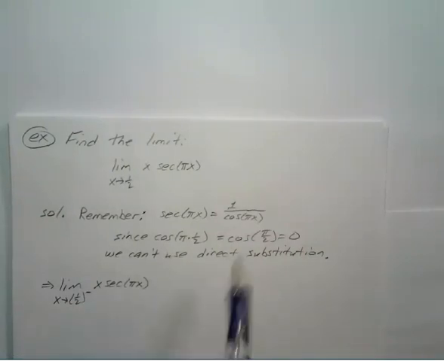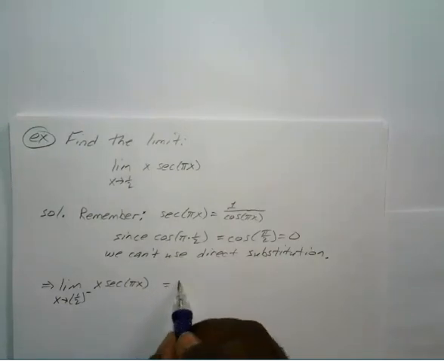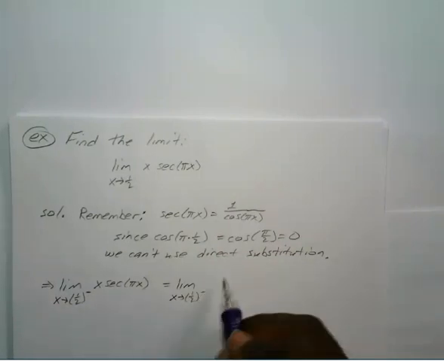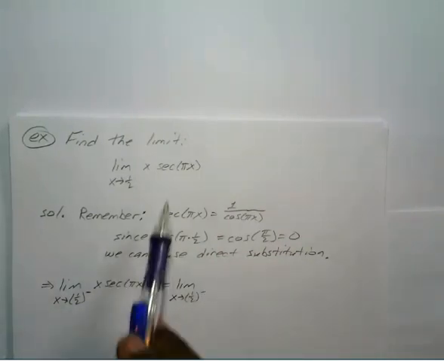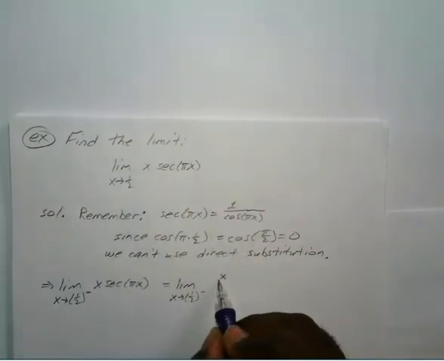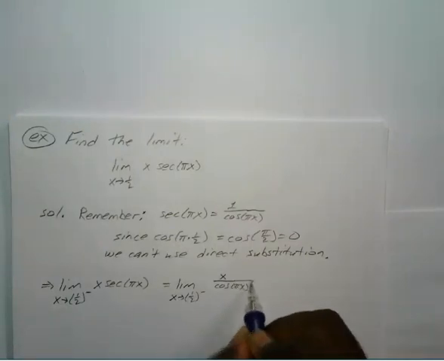Remember, secant pi x is 1 over cosine pi x, so this is equal to the limit as x approaches 1/2 from the left of x times 1 over cosine pi x, which is just x over cosine pi x.